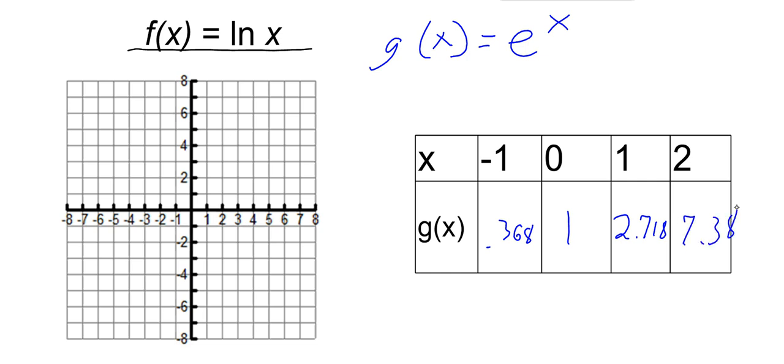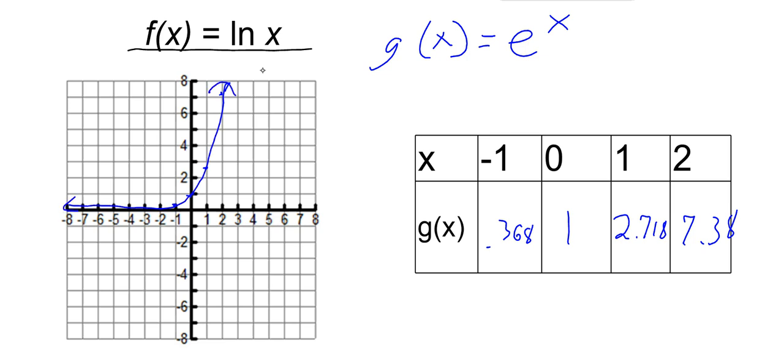So as I graph those, at -1, about 1/3. At 0, I'm 1. At 1, I'm 2.718. And at 2, I'm 7.3. So there's my e to the x graph.